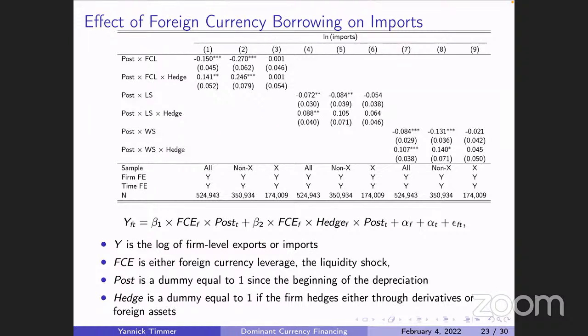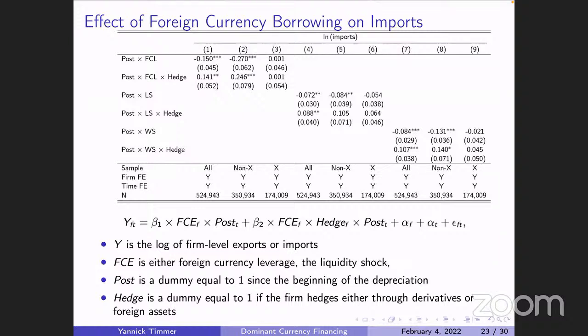So it's really the case that hedging with FX derivatives or with FX assets is a substitute to having exports, because exports give you this additional hedging mechanism that leads to an increase in your revenues in pesos when there's a depreciation, but having FX assets or FX derivatives does the same thing.